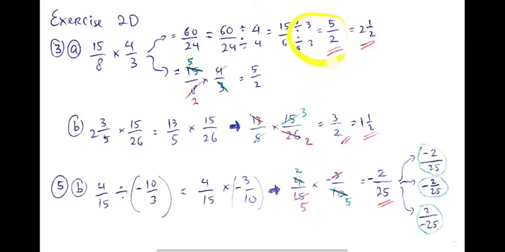And after you get the final result, which is 5 over 2, you can just leave it like that. It will be correct also, or you can change it to 2 and 1 over 2, a mixed fraction. Sometimes a mixed fraction is assumed the simplest form, so I recommend you to change it to a mixed fraction again.